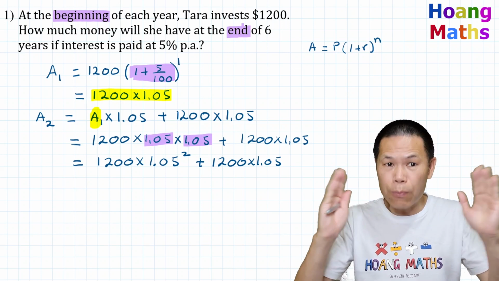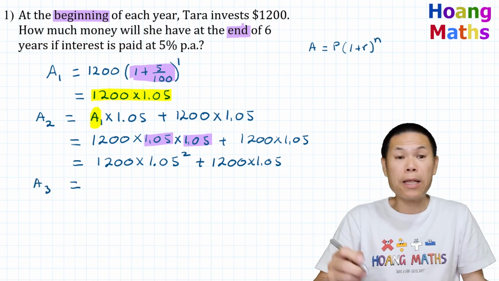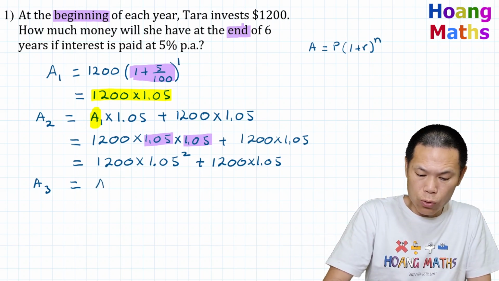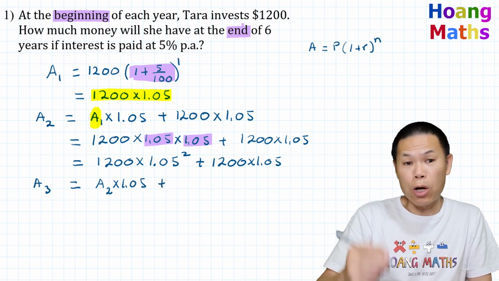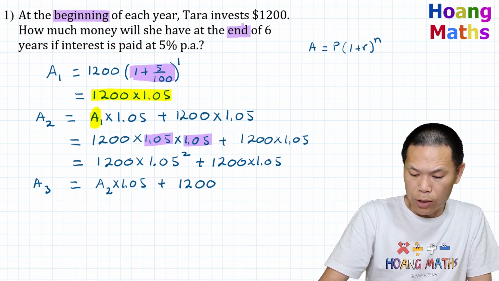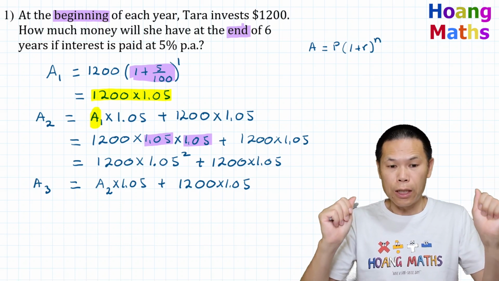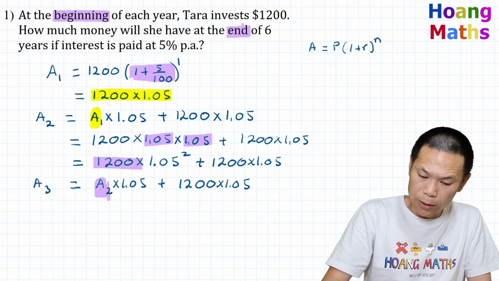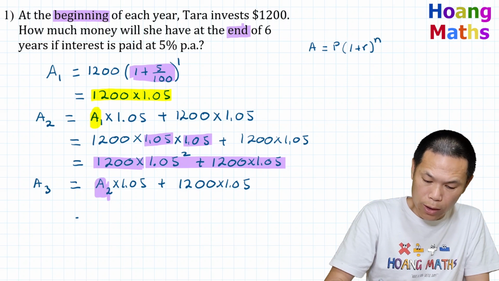Now, at the end of the third year, the second year has interest on top. So this means A2 times 1.05, and she deposits $1,200 at the beginning of the third year and we times by 1.05. So that is at the end of the third year. We know that A2 is this one here, so I just replace A2 with the series.